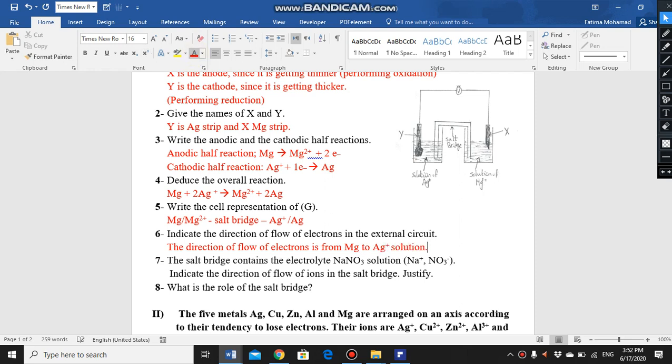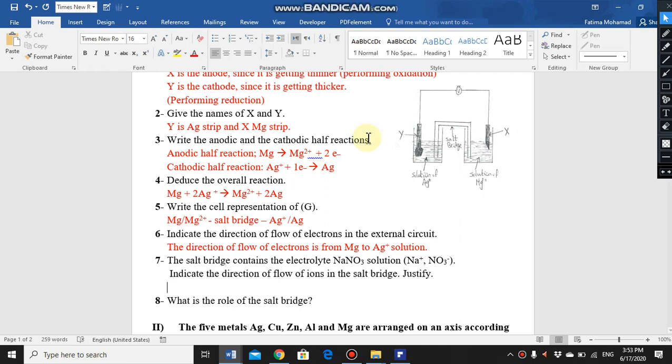The salt bridge contains the electrolyte NaNO3, sodium nitrate solution, Na+ and NO3-. Indicate the direction of flow of the ions in the salt bridge, justified. Where are the Na+ and NO3- ions going to flow, to the anodic or the cathodic half cell?